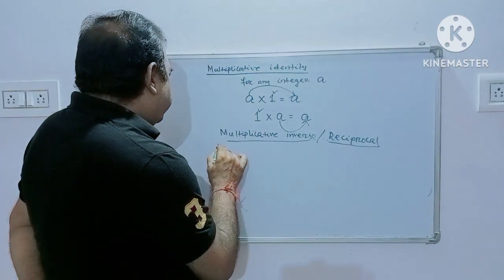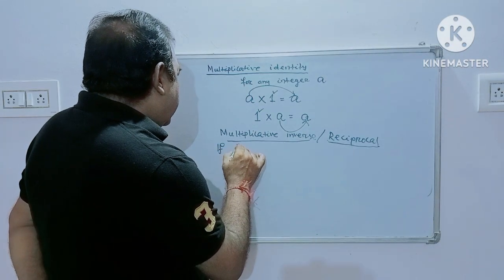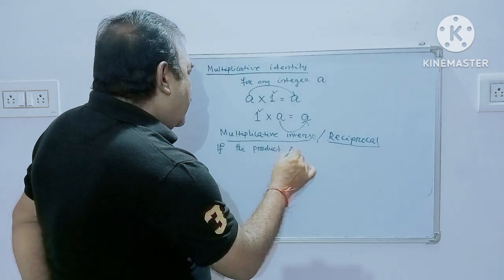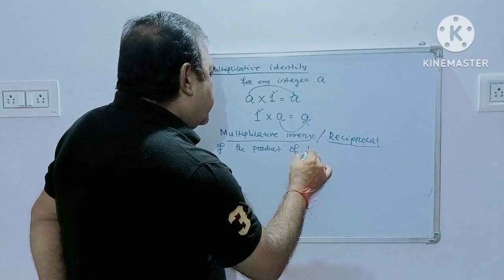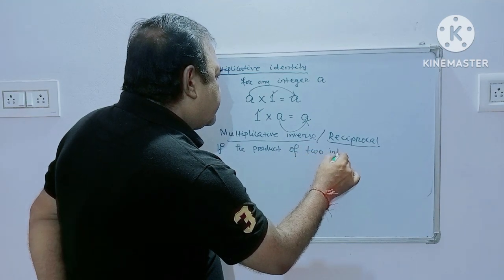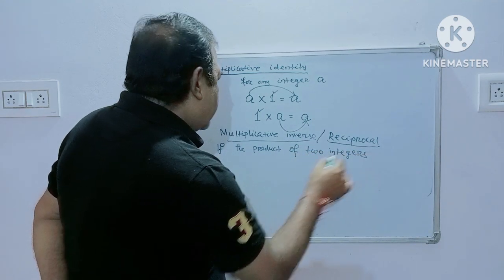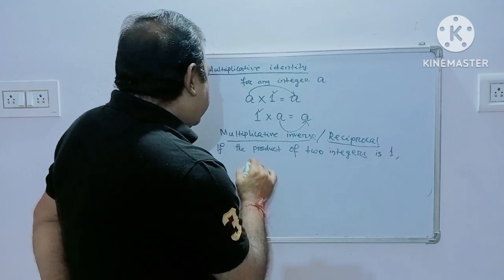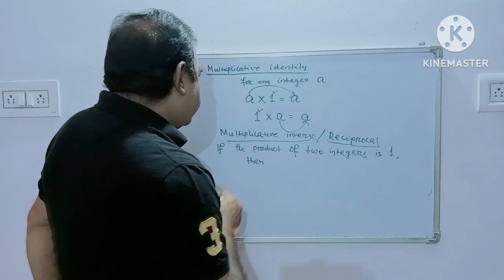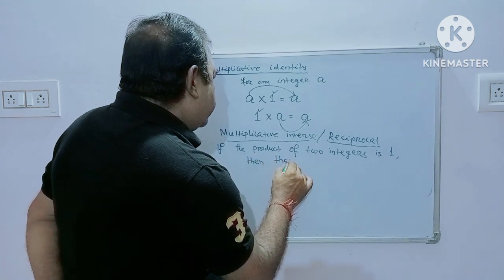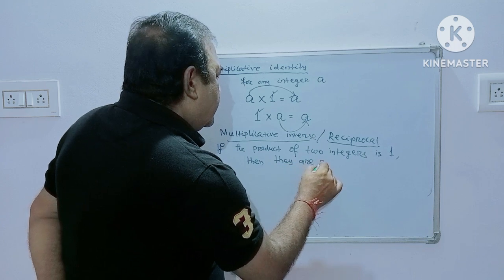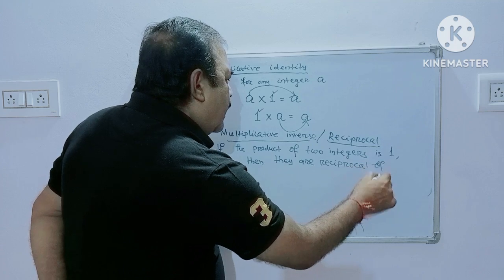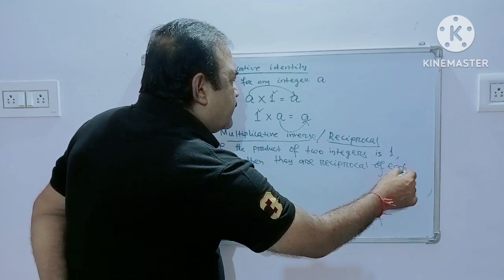So if the product of two integers is 1, then they are reciprocal of each other.